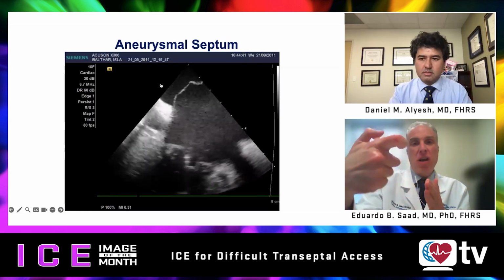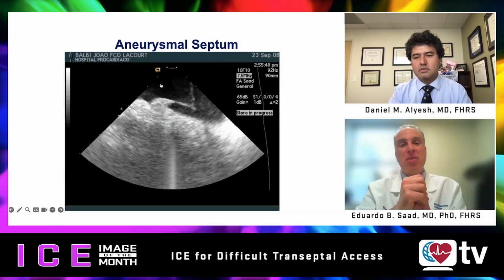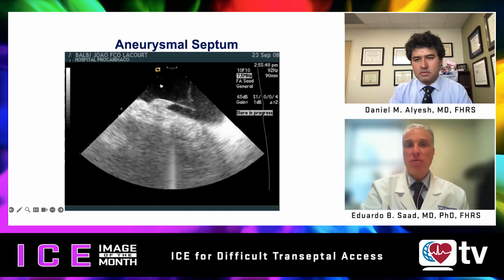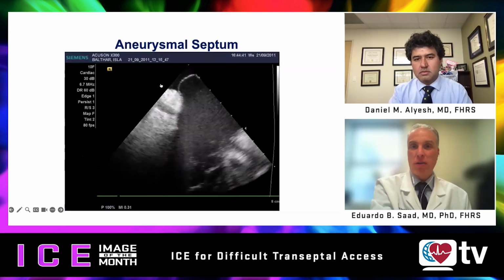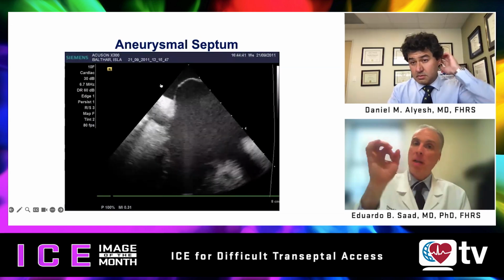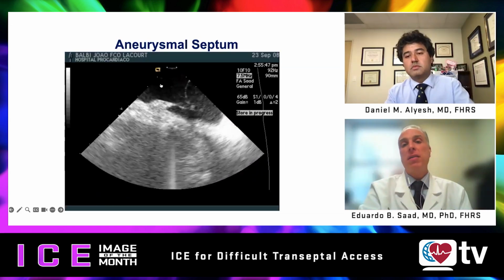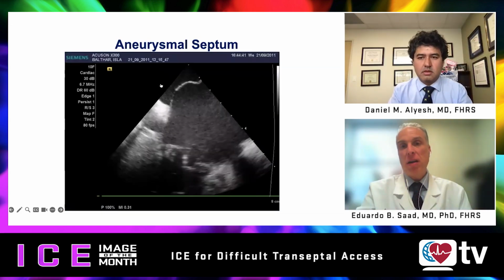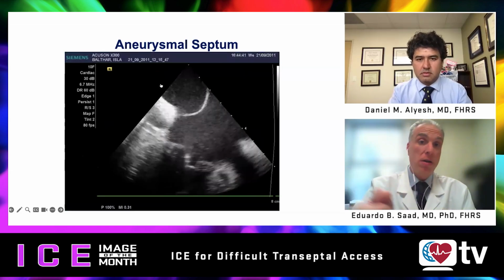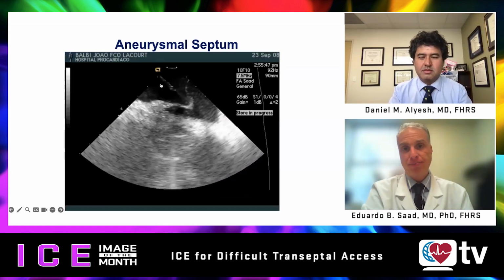You just have a J wire right away. So this is the septum where I would prefer to use a non-traditional approach, and avoid a needle unless it's a blunt needle with power on it. But the main message here is that with an aneurysmal septum, be careful how much pressure you push forward.